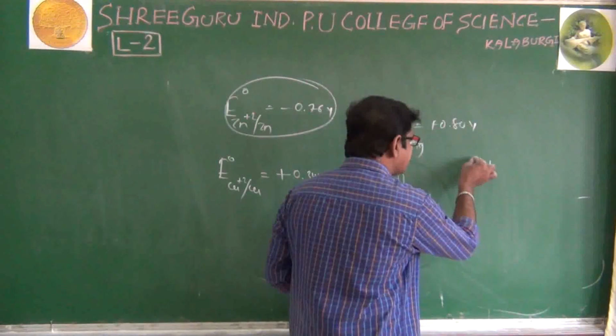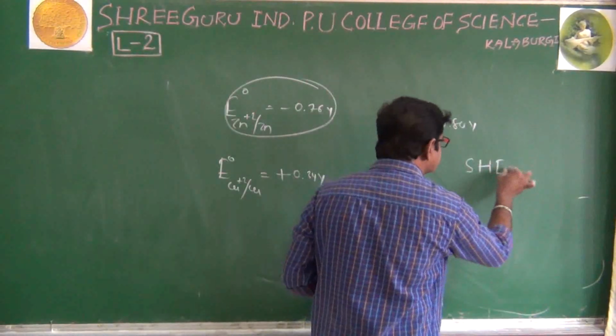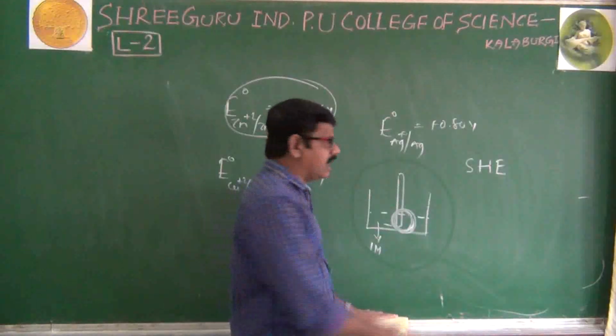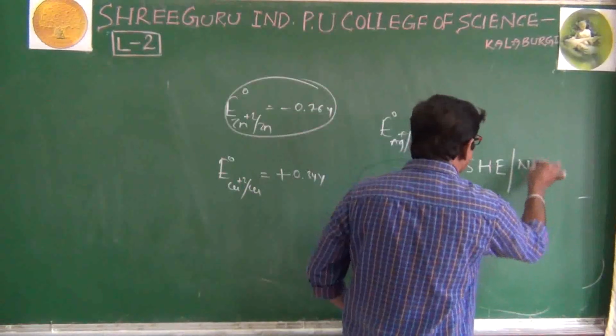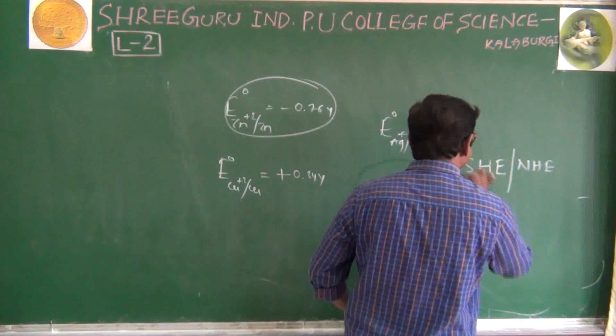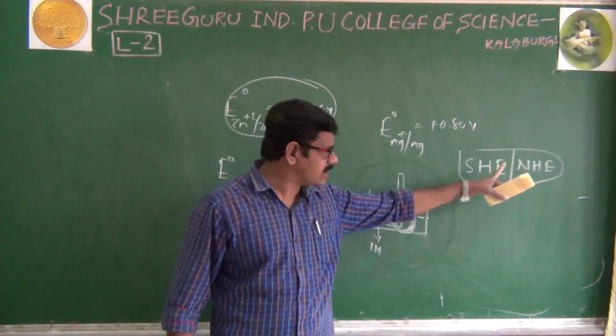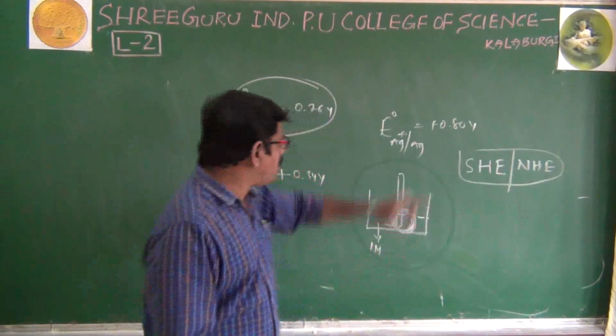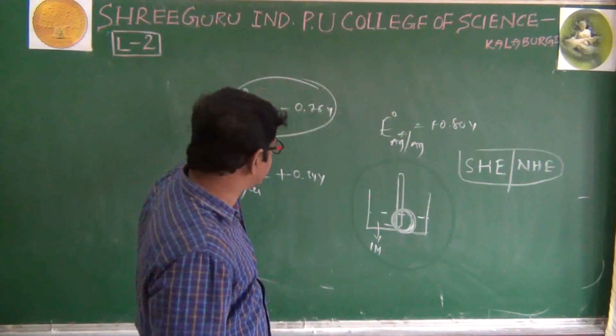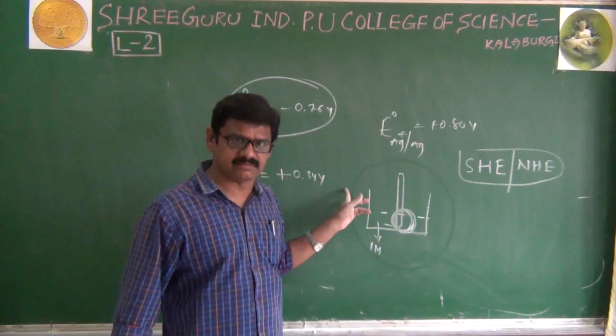It is called the standard hydrogen electrode, SHE, or the normal hydrogen electrode. With the help of the standard hydrogen electrode, all these electrode potential values can be measured.